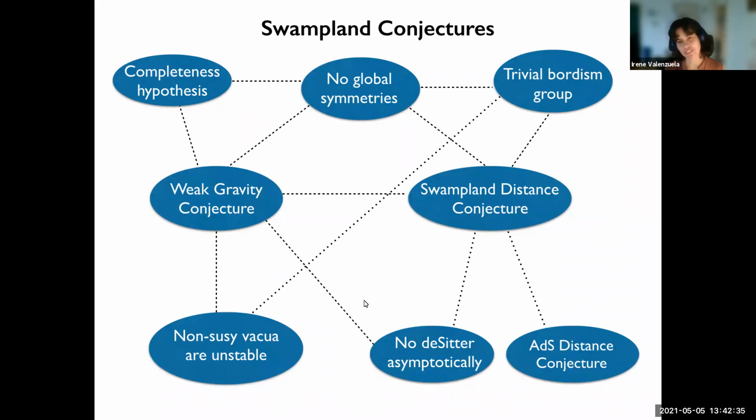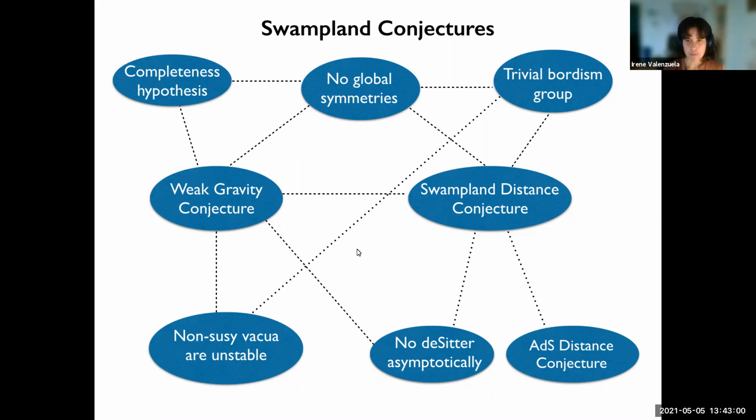The first thing I want to remark is that, as you can see here, there are some lines connecting the conjectures. One of the most confusing things for someone who doesn't work in this field is to keep track of what the conjectures are, because it gives the impression that there are more conjectures appearing every year, and it might look a bit random.